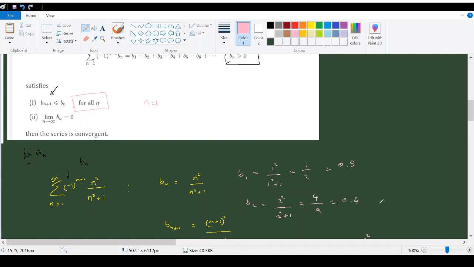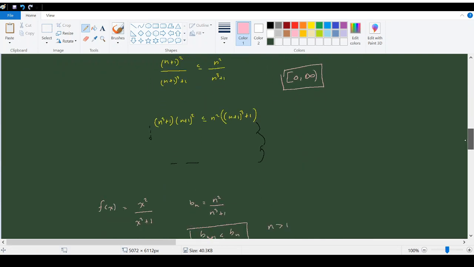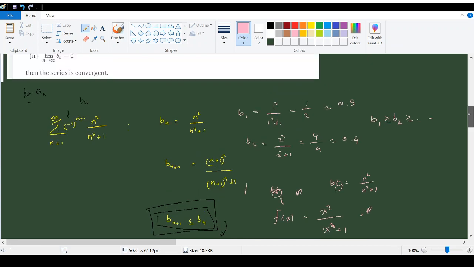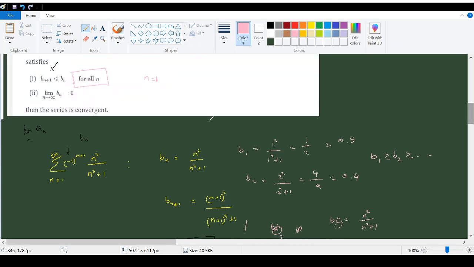0.4 something, right? So we have b1 greater than b2, and from 2 onwards we already have the decreasing nature that is derived from this calculation. So putting all these things together, we have this decreasing relationship for all the n values, right?